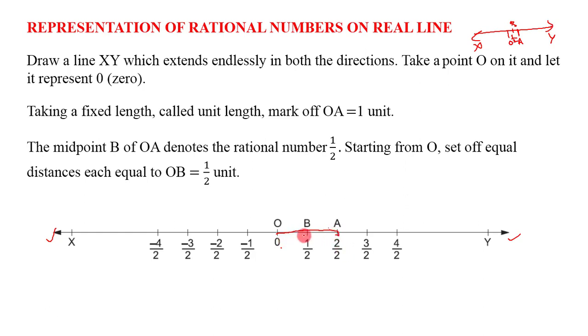The midpoint of this I took as B. This B represents half of that unit. That's why it is 1 by 2 on the number line, and 2 by 2 is 1 itself. For 3 by 2, from OA I took another point at an equal distance, 2 times OA, and in this half I got 3 by 2.